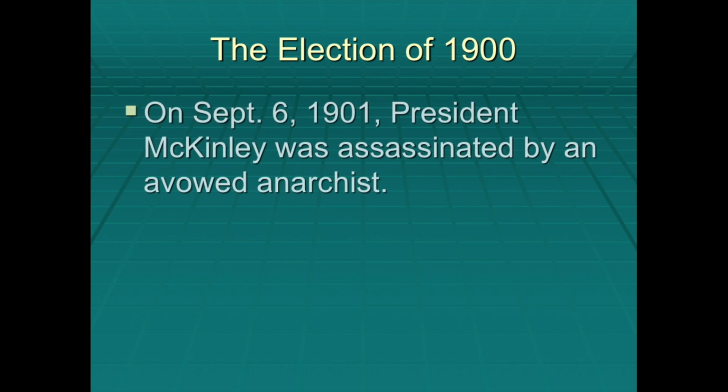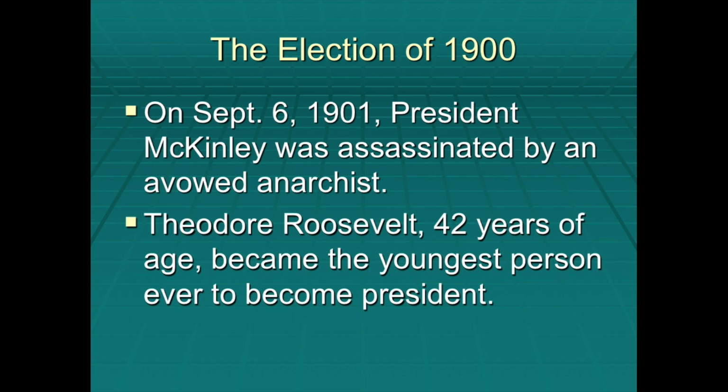So the election of 1900. On September 6, 1901, President McKinley was assassinated by an avowed anarchist. This is no government anarchy, so at least that's what the assassin says. So President McKinley is dead. Theodore Roosevelt, 42 years old at the time, became the youngest person ever to become president.